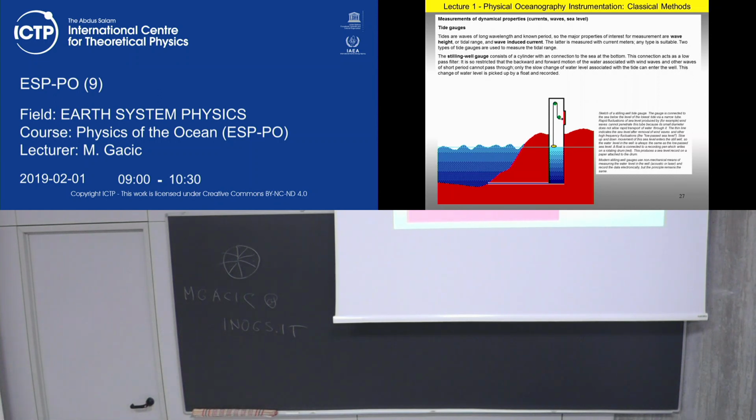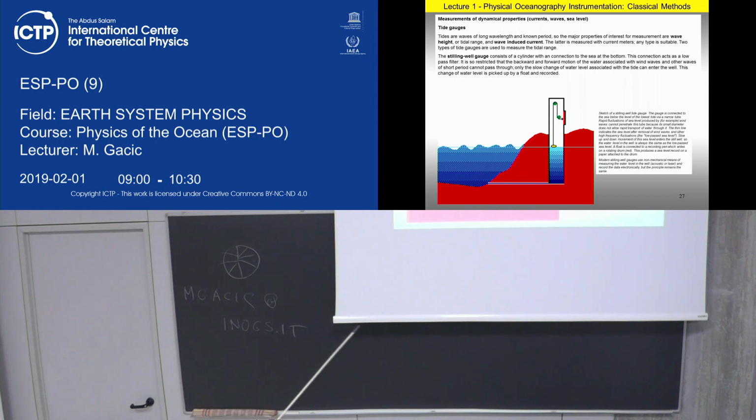The validity of satellite sea level measurements extends only up to 40, 50 kilometers from the coast. Therefore, the whole area within a few tens of kilometers of the coast is not covered very well by satellites, and the importance of tide gauges is still quite high.